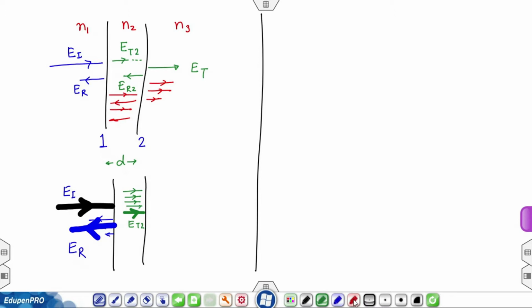And there is this reflected part here also, which is also made up of many, and I am calling this ER2. And finally, there is this transmitted ray. So, we are saying these are the final amplitudes, and now we apply the boundary conditions.